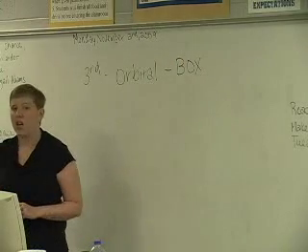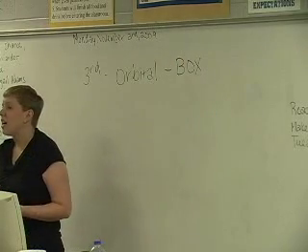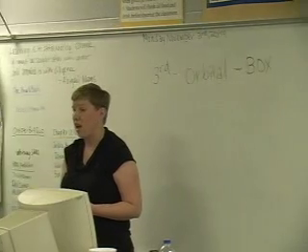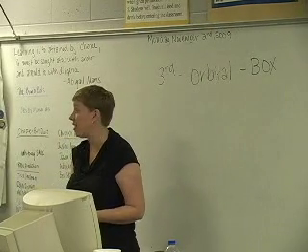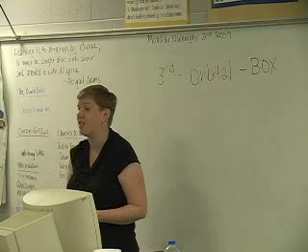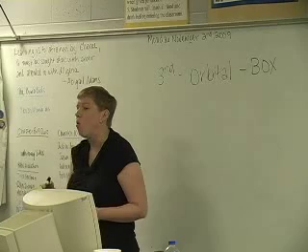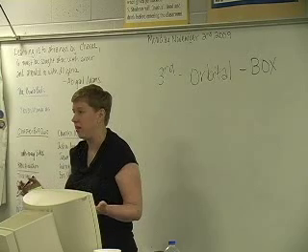We know that an S only has one box, a P has 3 boxes, D's have 5 boxes, and F's have 7 boxes. And so we're going to describe which box we live in.